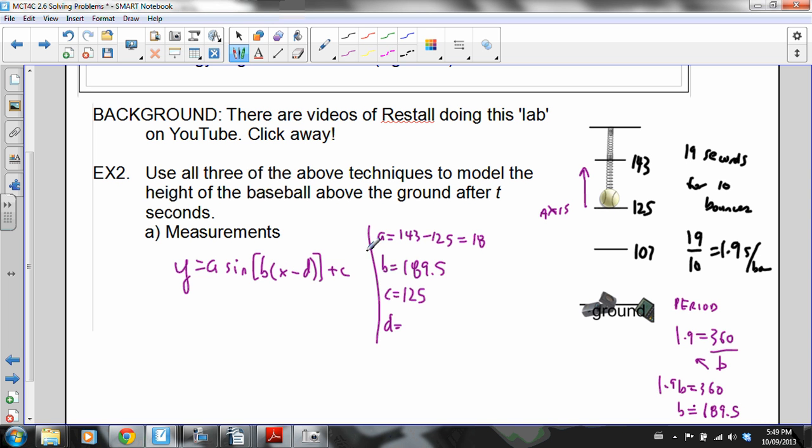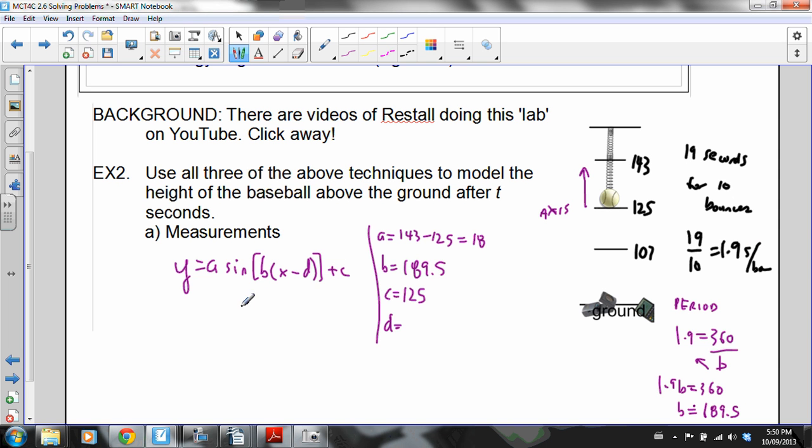Which is pretty crazy because we haven't seen a B value like that, but we haven't seen a period that was so short. The period was usually 360 degrees or 180 degrees or something like that. In the previous one, it was 12 months. Here it's 1.9 seconds. Fine and dandy.